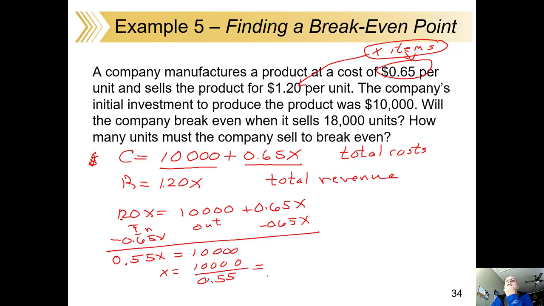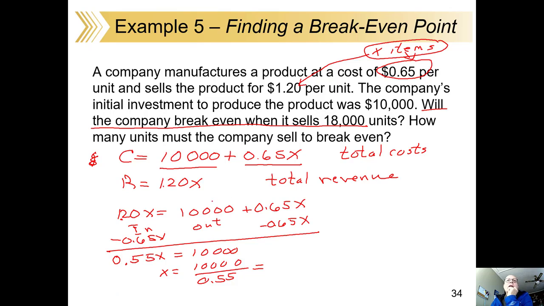Now we can actually figure out the first part of the question before that. It says, will the company break even when it sells 18,000 units? So let's sneak back here. I guess it's not going to let me.